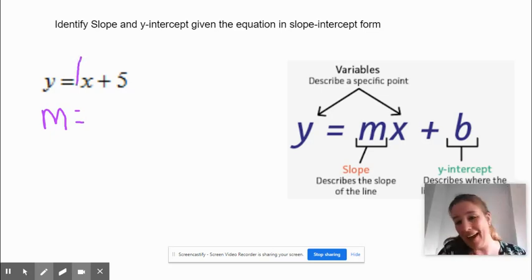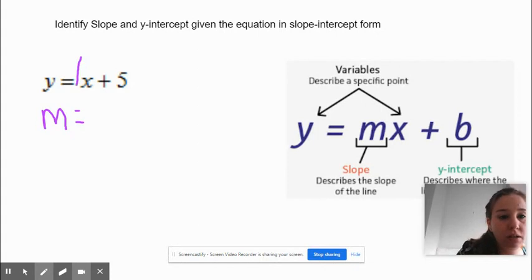You can, but it's also important to realize you can stick the 1 there because what can you multiply stuff by and not change it? 1, right? 6 times 1 is 6. 10 times 1 is 10. A lot of students are tempted to put 0 because there's nothing there, but that's not how it works, because 0 times something zeroes it out, right? So your slope here is 1, y-intercept is 5.